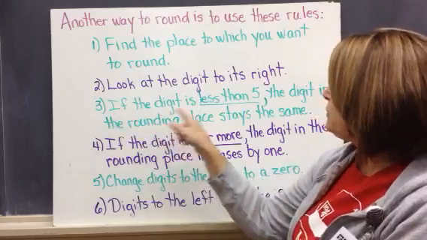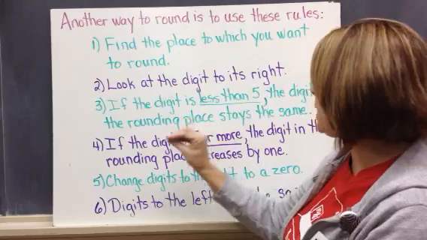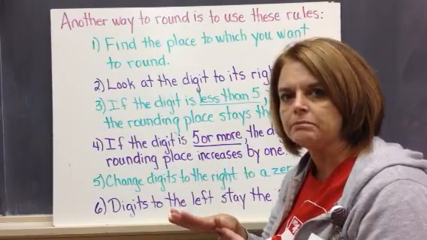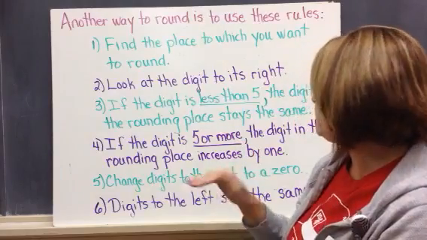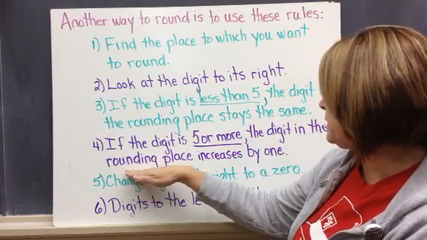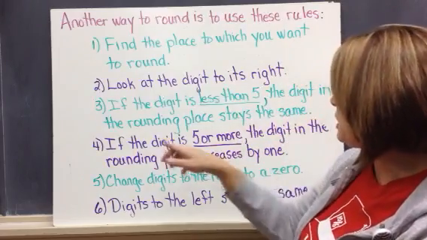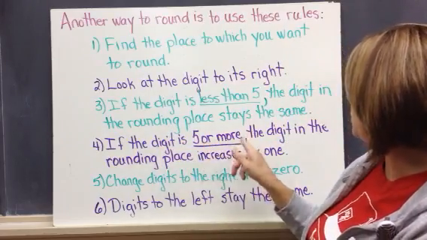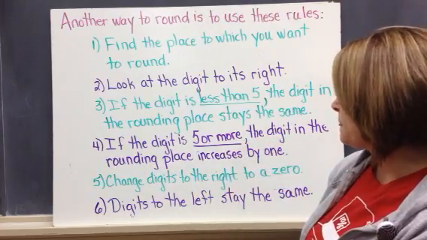Third, if the digit is less than 5, the digit in the rounding place is going to stay the same. If the digit is 5 or more, the digit in the rounding place, you're going to increase it by 1. So if the digit to the right is 5 or more, the digit in the rounding place increases by 1.